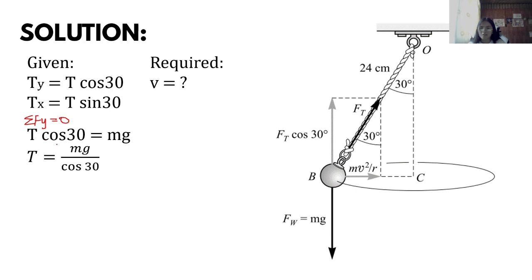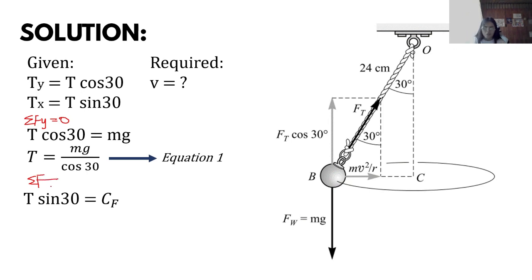And then, isolate nyo si T. So, divide both sides by cosine 30, magkakaroon ng mg divided by cosine 30. So, we set it as the equation number 1. Next one. Ito naman, summation forces horizontal.